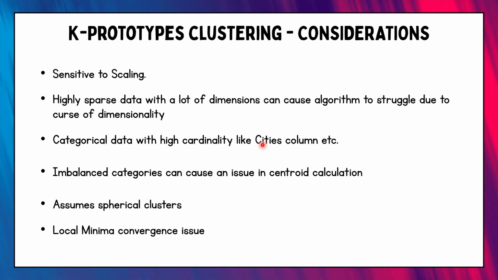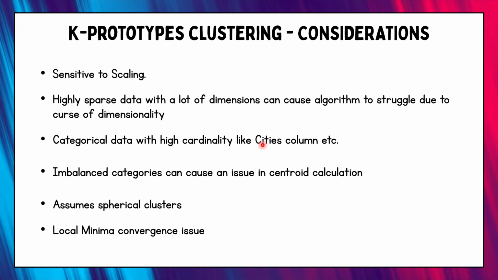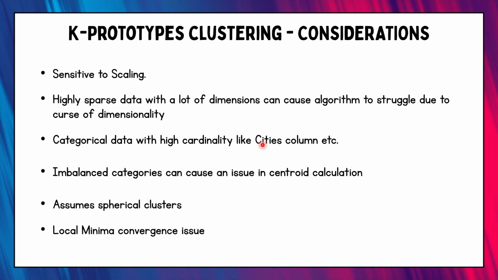Just imagine if we have a categorical column called cities, where we have literally hundreds of unique values. As our algorithm is based around finding the Hamming distance and finding the modes, it will obviously face a lot of issues when dealing with a dataset that has so many categories, as we won't be able to find a meaningful mode or a meaningful Hamming distance a lot of times.